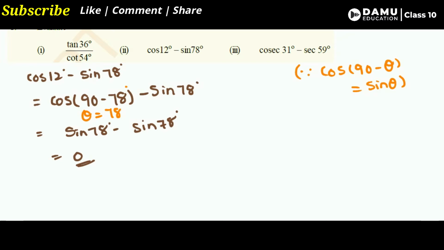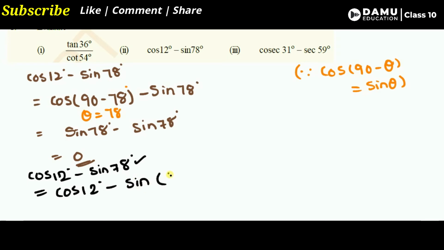Let's find out the next method. Let's take this same one: cos 12 degrees minus sine 78 degrees. Let's convert sine 78 into the format of cos. We write cos 12 as it is, then minus sine (90 minus 12) degrees, since that is 78.